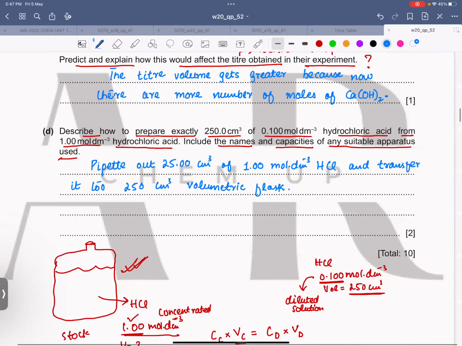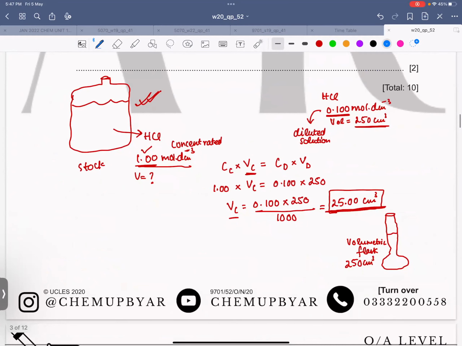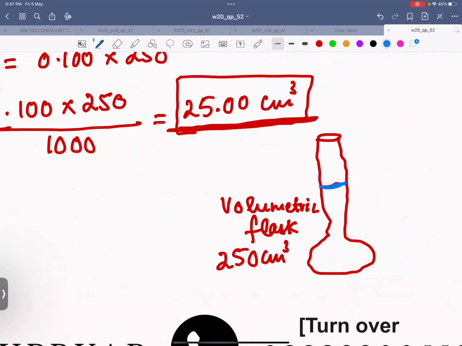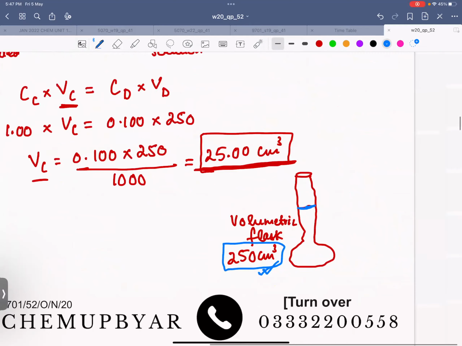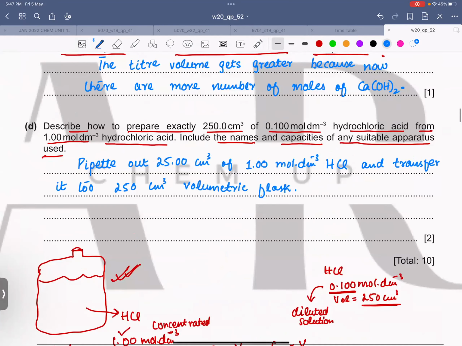And if you see this volumetric flask, it normally has a mark over here. That mark on the neck indicates that if you fill the flask till this volume, then this volume is obtained. So we have just transferred the 25 centimeter cube into a volumetric flask.